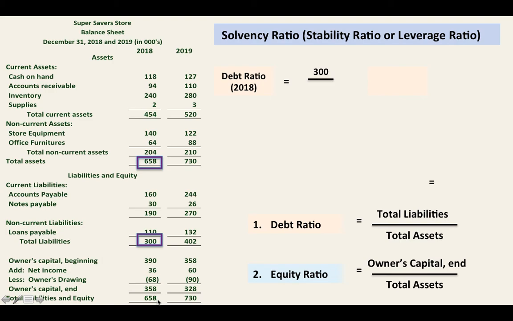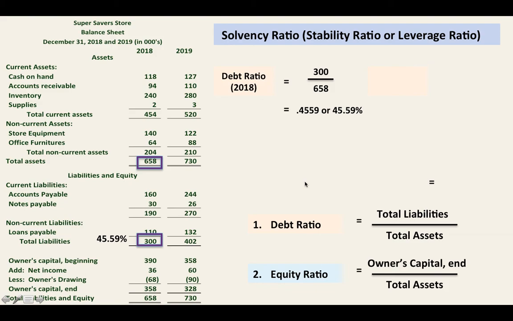They are the same because it has to be balanced, okay? So our debt ratio is 45.59%, okay? And here, 45.59 means 45.59% of the total assets came from third parties or from the debt.